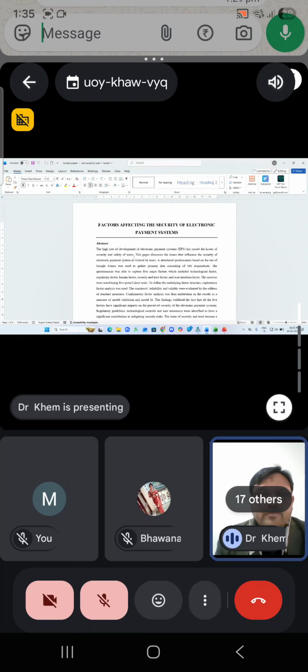We want to find out, on the basis of this paper or something else, what factors impact consumers and people while they are doing electronic payment. We actually measure what the behavior is and what factors affect people using electronic payment systems.